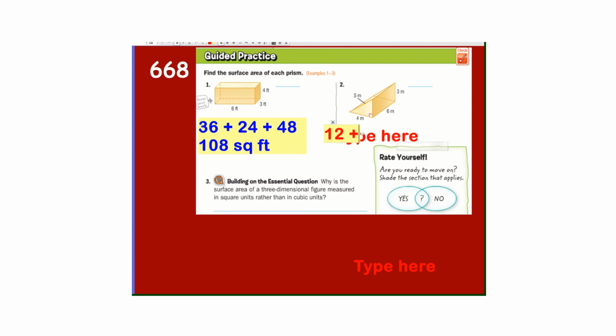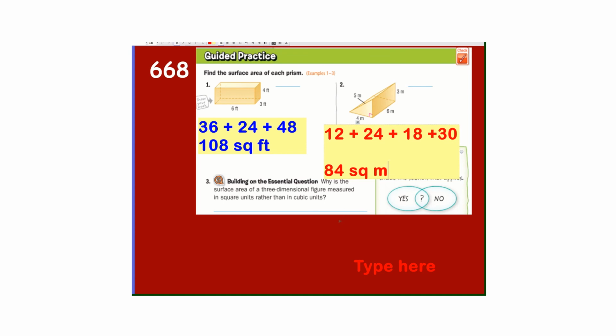Plus your rectangles. The one that it's sitting on right now is a 4 by 6. So we have 24 plus the right hand side there is a 6 by 3. That's 18 plus the left hand side there is 5 by 6, 30. So adding those together, I have 12 plus 72, and we have 84 square meters.